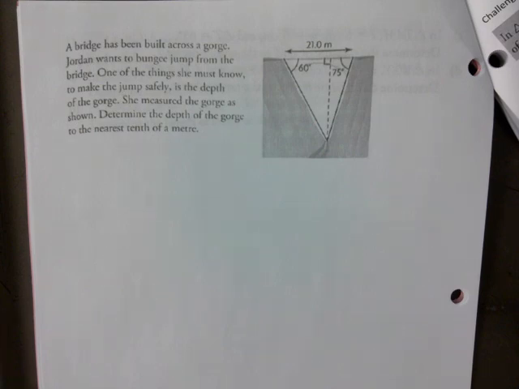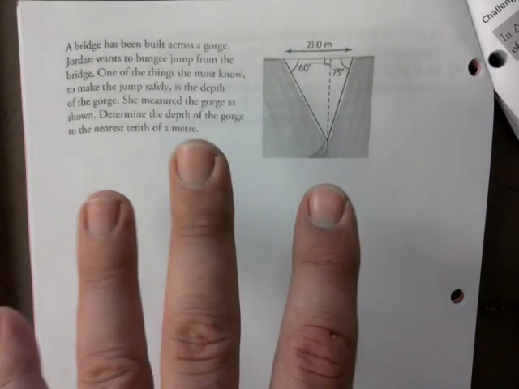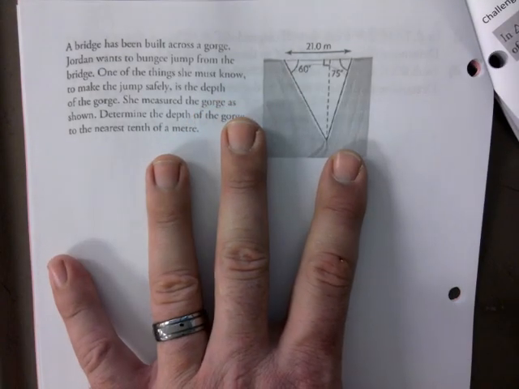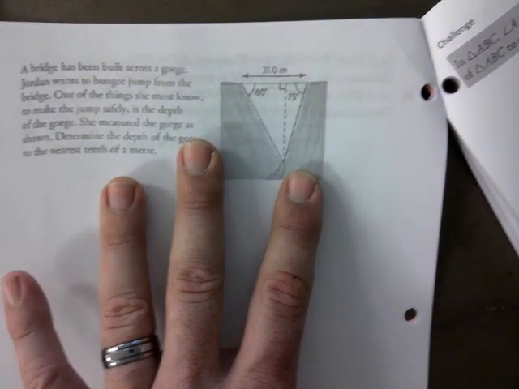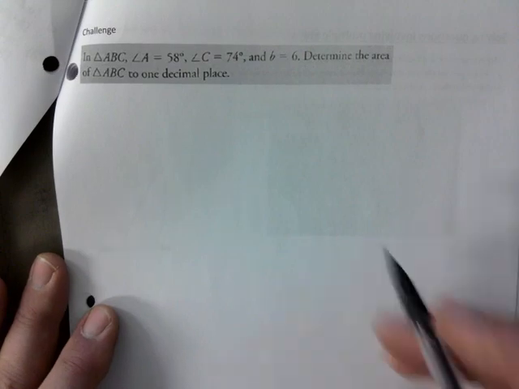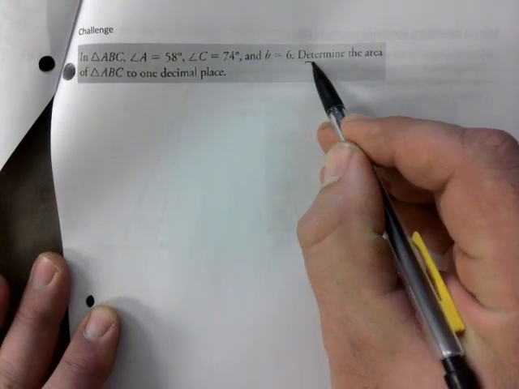I want you to try that one. Read the question. It's starting to be more wordy. Okay, you got to actually read the question, see what is it asking me to find. So I want you to try page 11, and then I also want you to try page 12. Go with me to page 12 here. What is it asking you for?